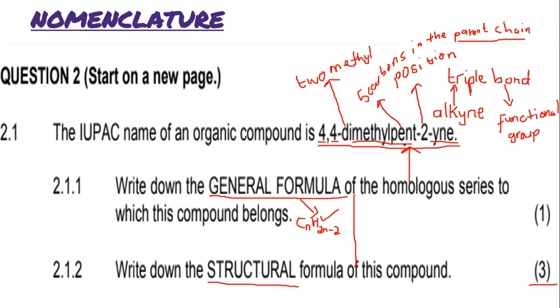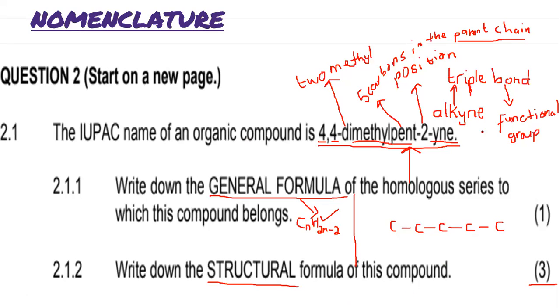So the parent chain has 5 carbons. Then I will draw 1, 2, 3, 4, 5. So now I'm done with the pent part altogether because it's 5 carbons.